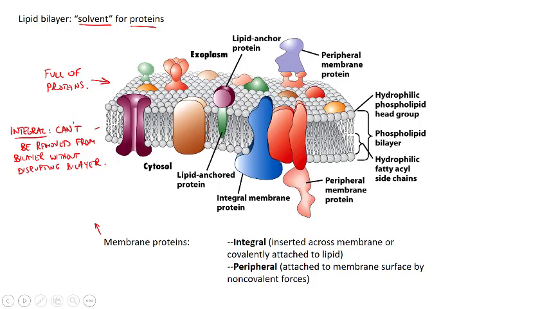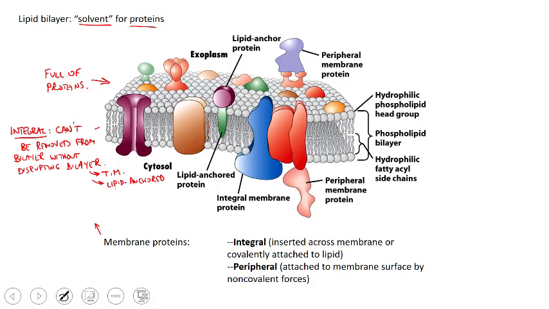That's the definition of an integral membrane protein. And there's two different classes of that. There's transmembrane proteins, which is the most common one, and then there's a second type called lipid anchored, which we'll talk about both of these in a second.